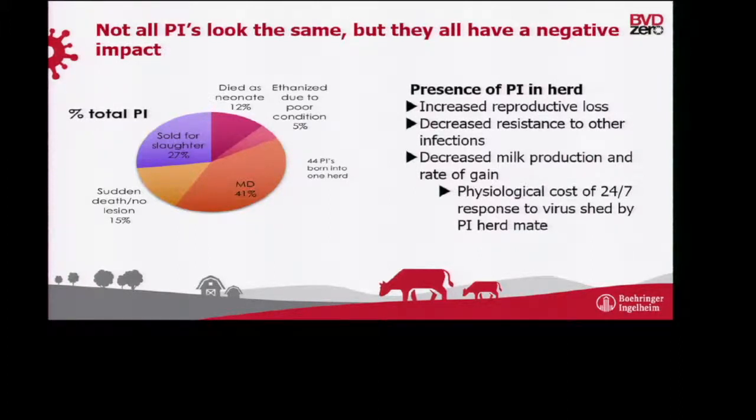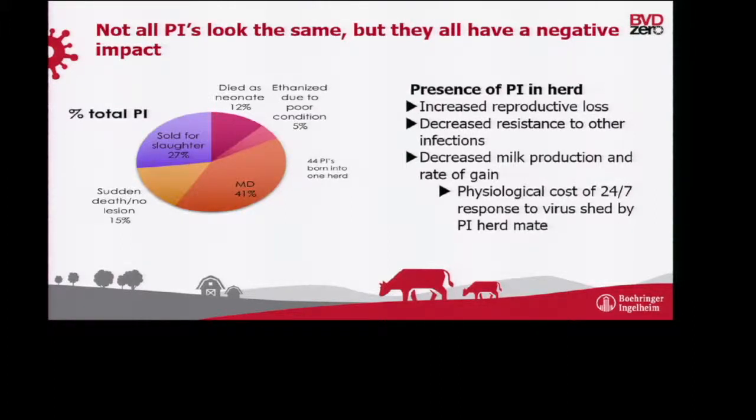So when you have a persistently infected animal in your herd, you're doing the equivalent of vaccinating every day, 24 hours a day, and that immune system is constantly being irritated. It always has to respond, and there's a physiological cost to that response. So energy is being used in that response. It would have been used to fight off other pathogens or make more milk or make muscle.